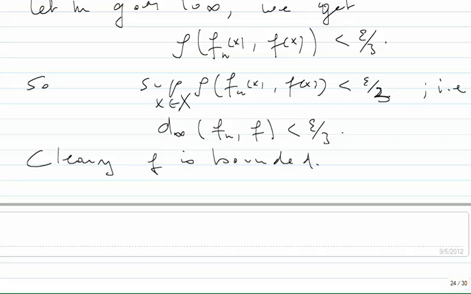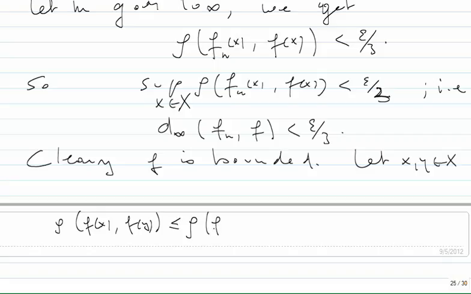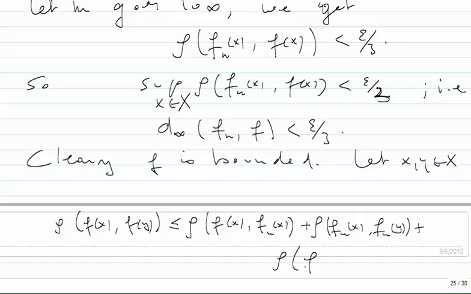Just for the sake of completeness, let x and y in X. The distance from f of x to f of y is less or equal rho of f of x, Fn of x, plus rho of Fn of x, Fn of y, plus rho of Fn of y, f of y.